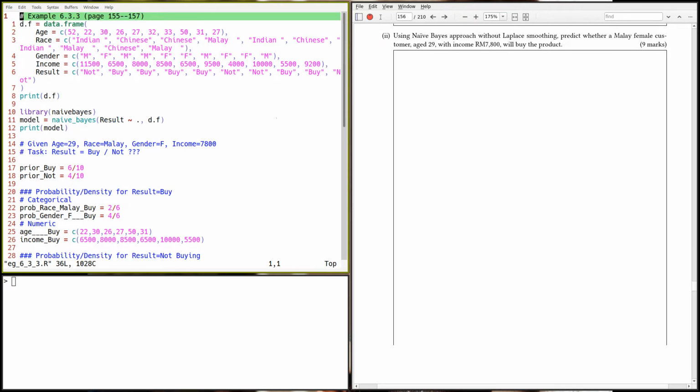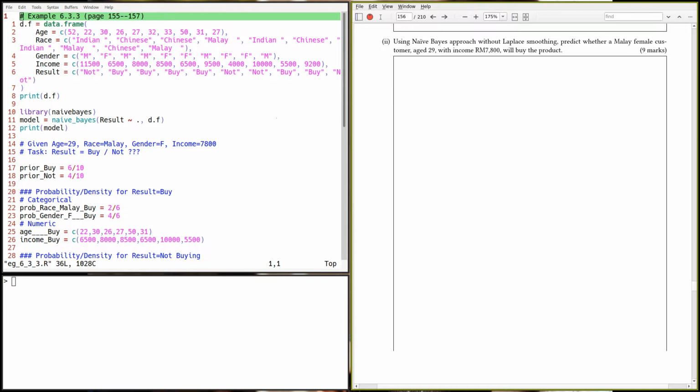So here it goes, example 6.3.3. In order to perform calculation, we need to look at the table, right? So what are the given values? The given is whether a Malay female customer, age 29, of income 7,800 will buy the product or not.